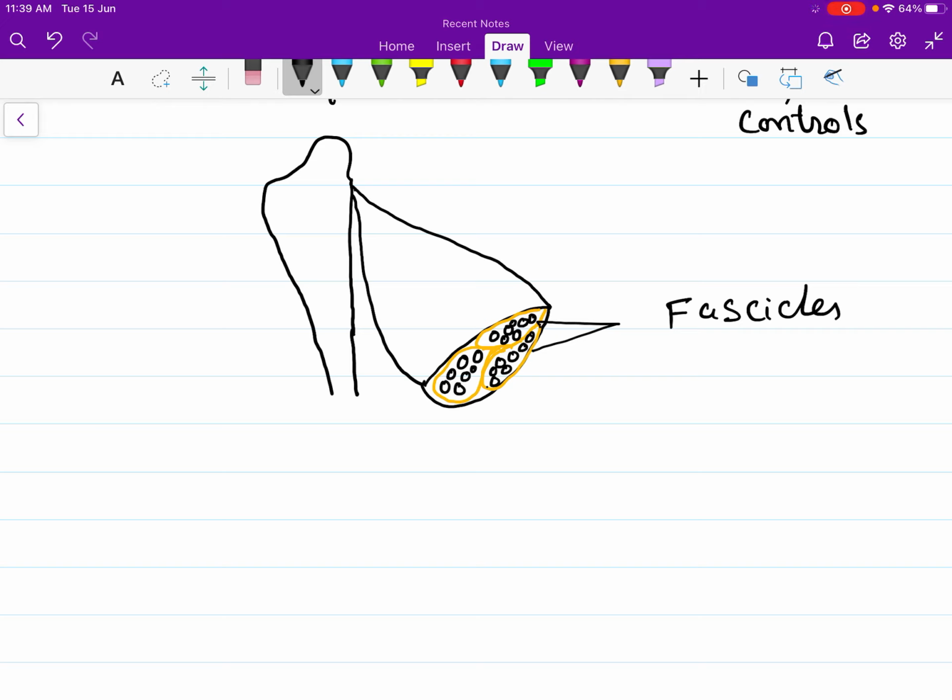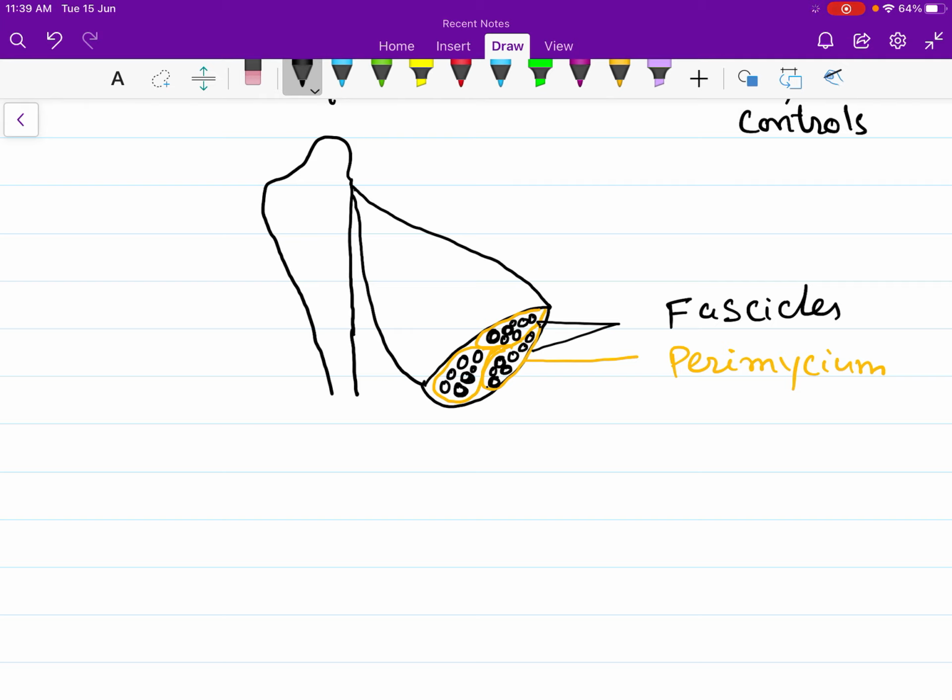Now fascicles are surrounded by a sheath of connective tissue which is called the Perimysium. So each fascicle will be surrounded by a sheath of connective tissue. And the individual muscle fiber within each fascicle is surrounded by another sheath of connective tissue which is called Endomysium.